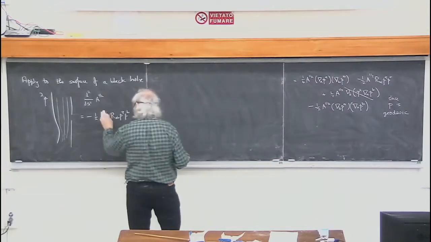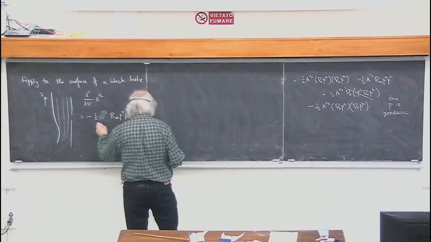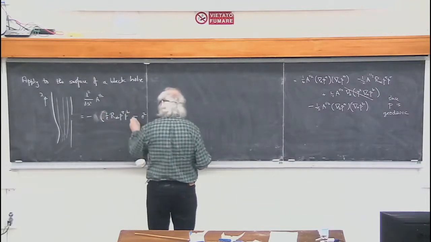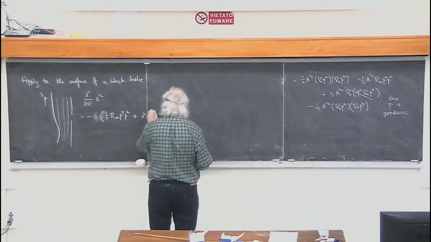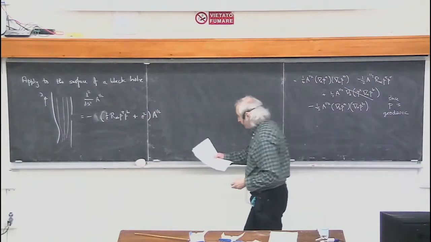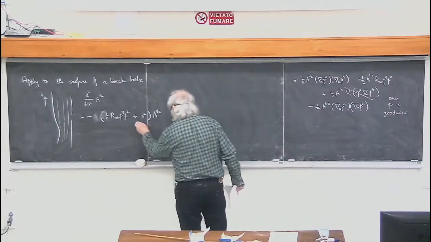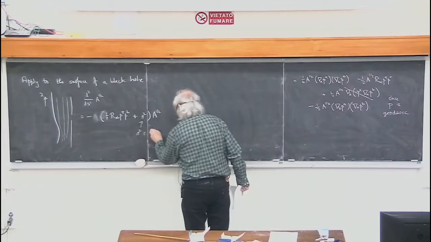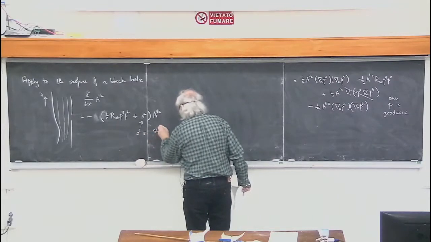Let me rewrite this slightly. Sigma squared is basically the square of the shear of these geodesics.